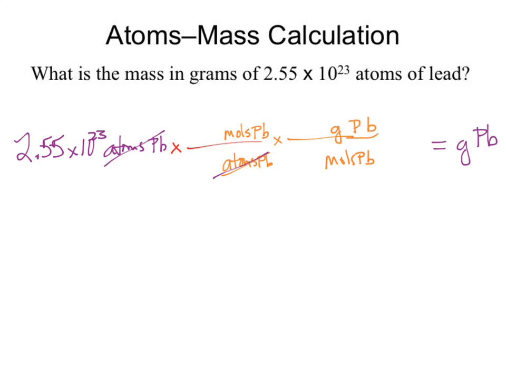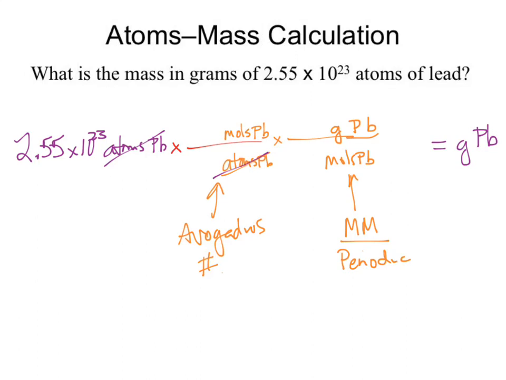Do we have a conversion factor between the grams of lead and the moles of lead? What is that conversion factor? The molar mass found on the periodic table. What's the conversion factor between moles and atoms? Avogadro's number.